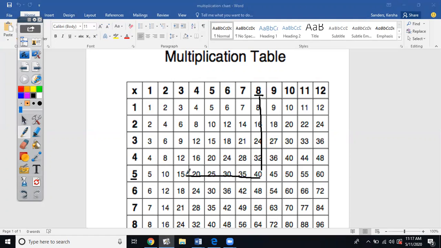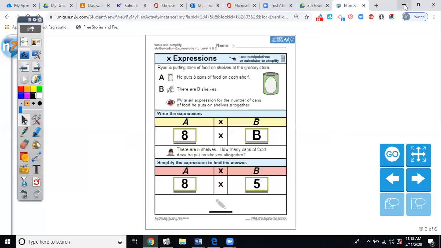Let's go all the way across, make sure it hits 5, and it does. So it looks like there's our answer, 40. 8 times 5 is 40. So let's plug in our answer. 8 times 5 is 40.